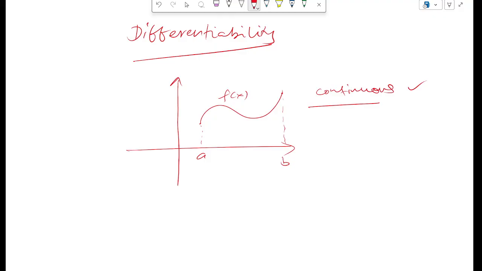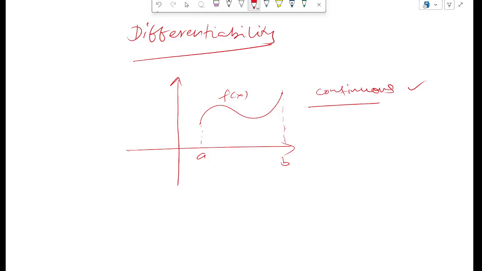But whether this is differentiable or not, how can we say that? Intuitively, how can we say by looking at a graph whether it is differentiable or not? We can say by looking at whether the graph is smooth or not.